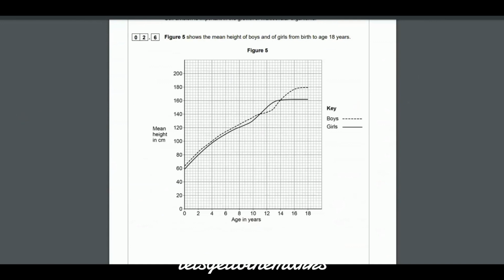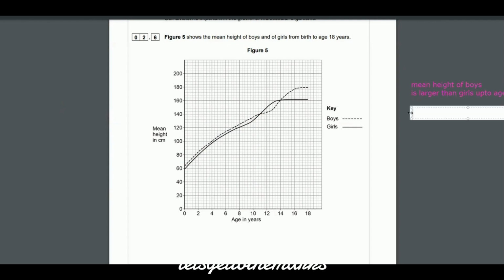So what we want to do here, folks, I'm going to write my answers up here because I can explain as I go through the graph. So my first point here would be to say that up until the age 11, boys are always taller than girls. So mean height of boys is larger than girls up to age 11.